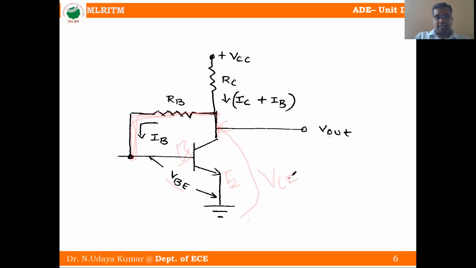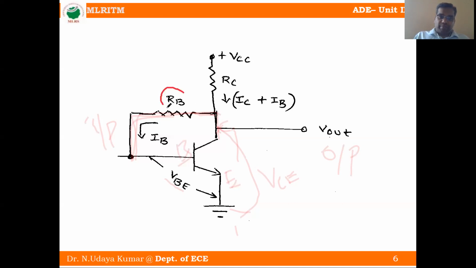This is the input side and this is the output side, so we have to write the input KVL and output KVL.